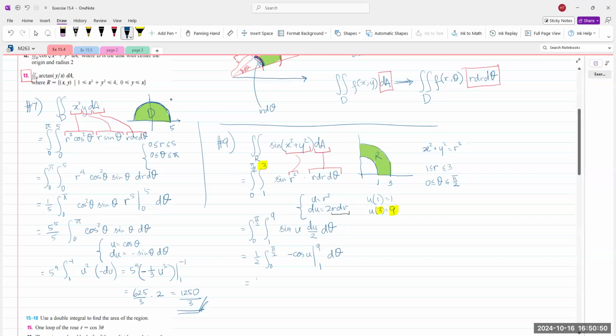So this is 1/2 times pi over 2 times cosine 1 minus cosine 9. That will be pi over 4 times cosine 1 minus cosine 9. I honestly don't like this though. We don't know what cosine 9 is, right? But well, this is the exact solution.